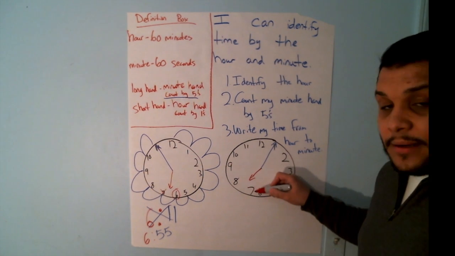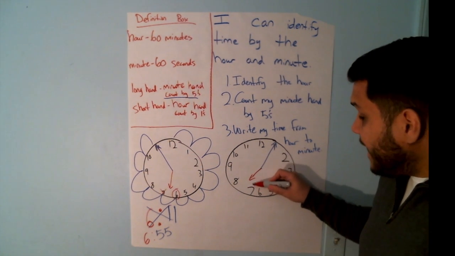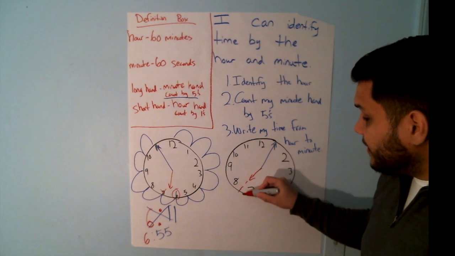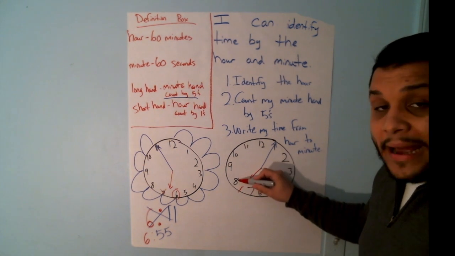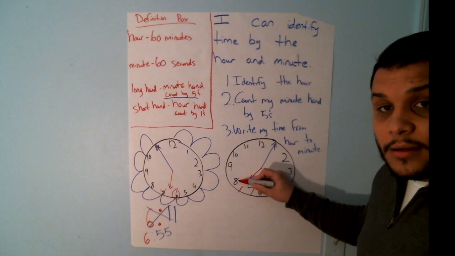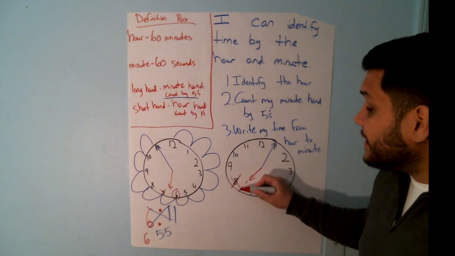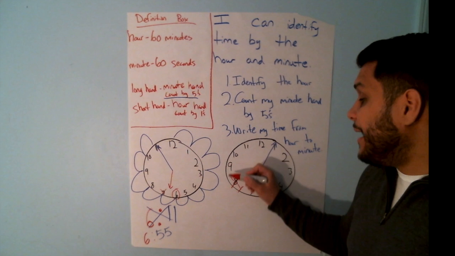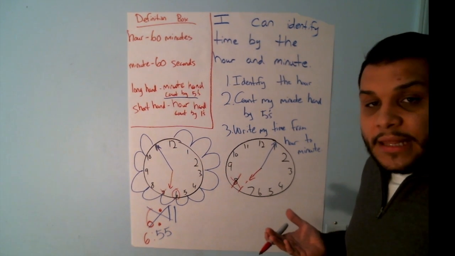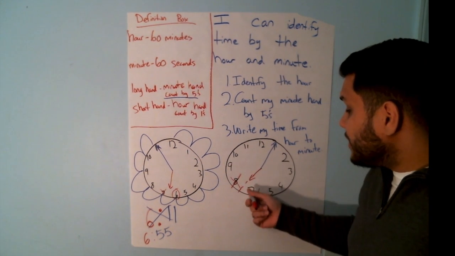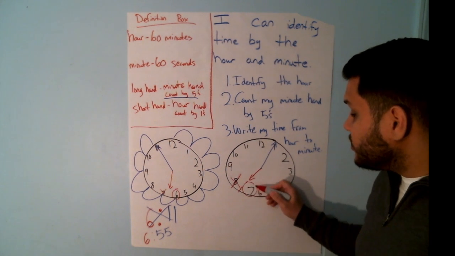Has it passed the number 7? Yes, it is past the number 7. Has it passed the number 8? No, it is not past the number 8. And because it hasn't passed the number 8, it cannot be the 8th hour. So I'll go back to the previous one, which is 7.